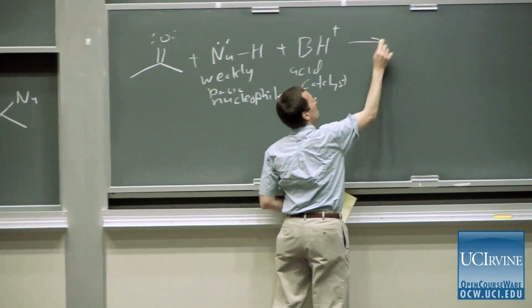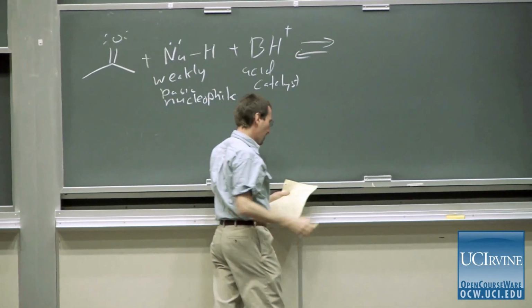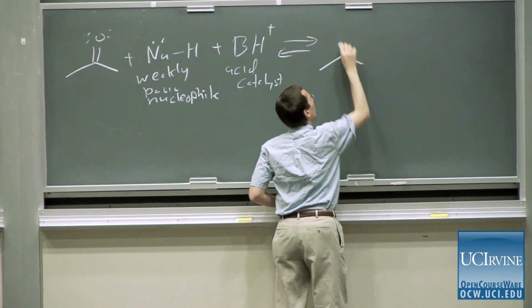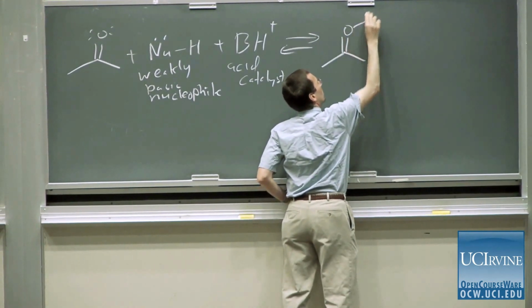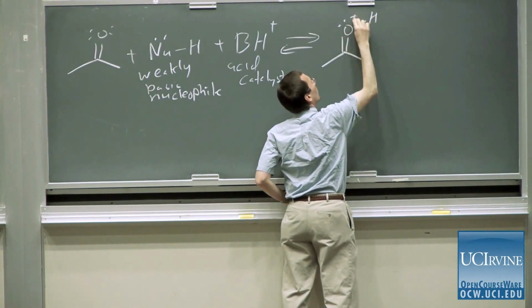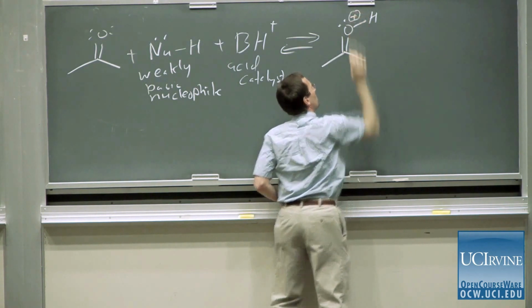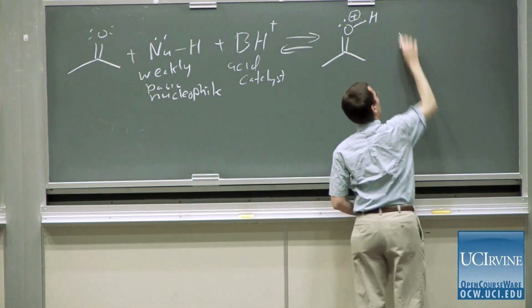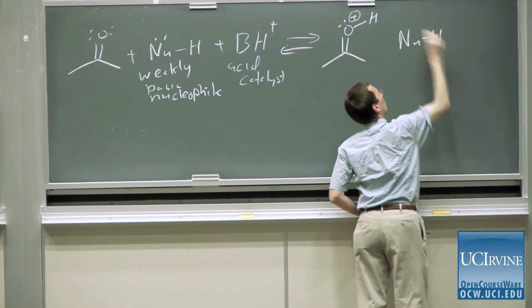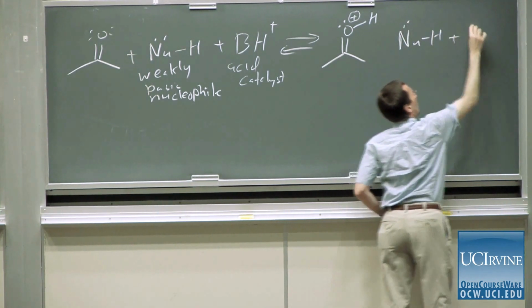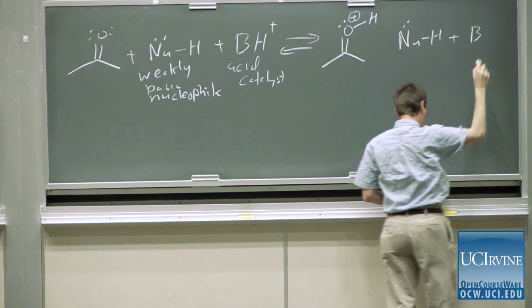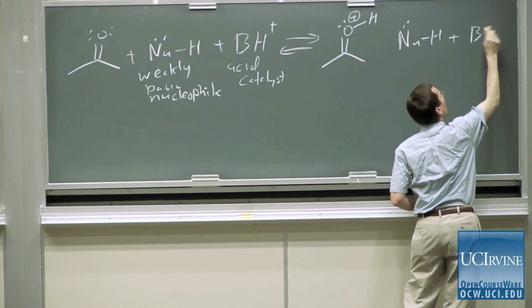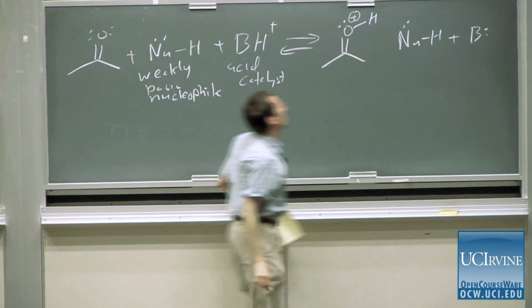And so I'll write this as an equilibrium where now you protonate the carbonyl. And of course, you still have your nucleophile H with its lone pair. And now you have your base, your conjugate base.